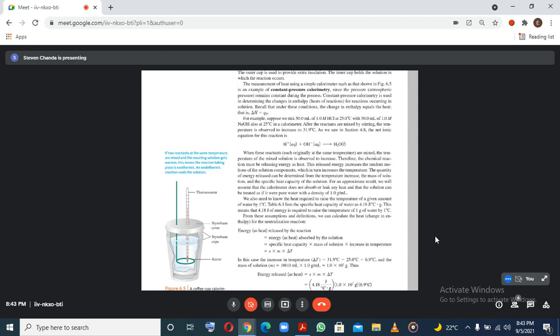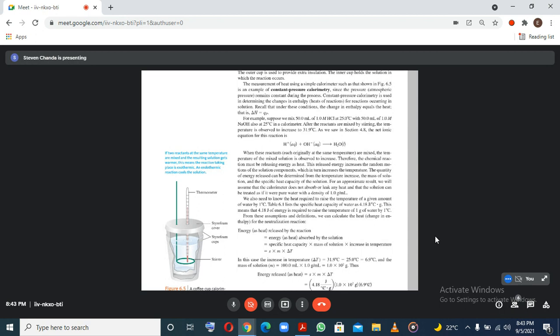If the solution cools, it means that it's an endothermic reaction, meaning whatever chemical reaction is occurring is requiring the energy of the solution. Because it's requiring the energy of the solution, the solution is going to get cooler. That's what I wanted to explain.